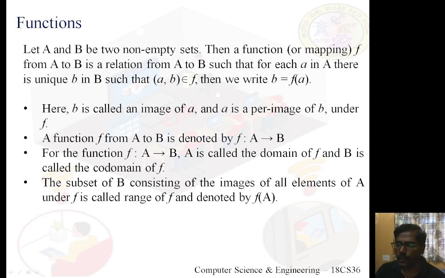Then we are going to get an output from this function which is an element of set B, and this is written as b equals f(a). Clear? I repeat, for this function f, which is a relation from A to B, suppose an ordered pair (a, b) exists. It means a is an input to function f and b is an output of this function for an input a, and this is written as b equals f(a).